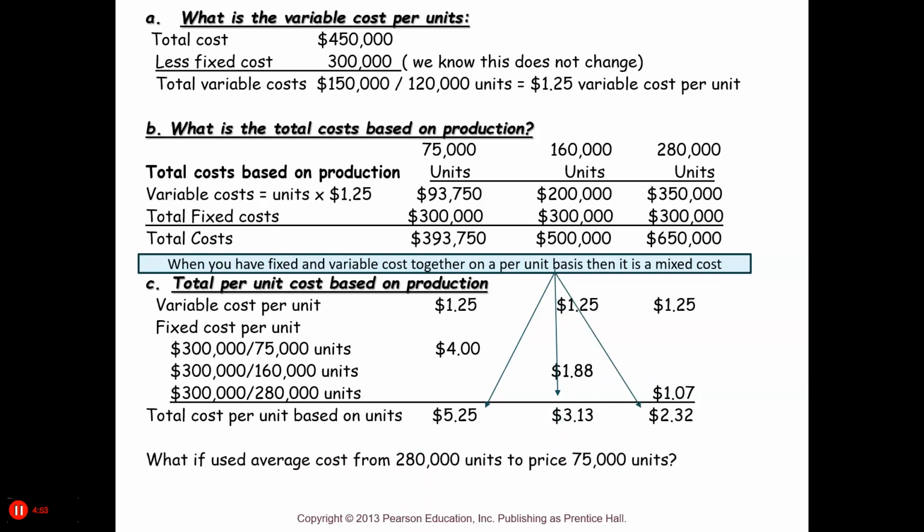Now, what if we use the average cost for 280 units to price 75,000 units? Total cost would be 174, which, as we know, is far less than what it should be, which means it would be undercosting if we use that approach.